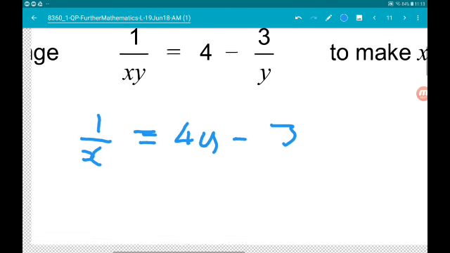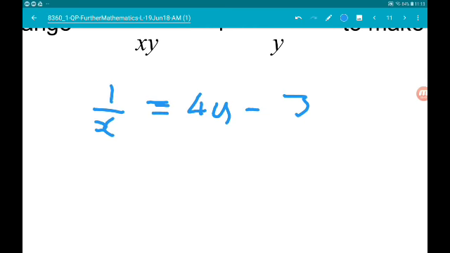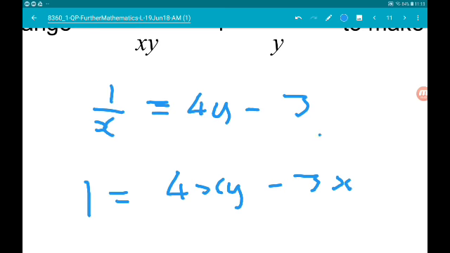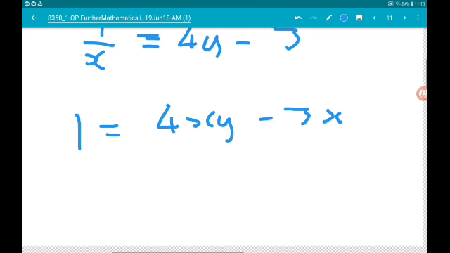Now if we multiply through by x, we get 1 is equal to 4xy minus 3x. Now we want to make x the subject, so we need x to only appear once throughout this whole thing.